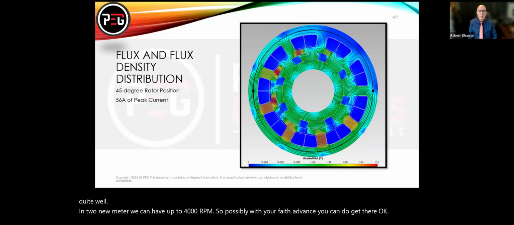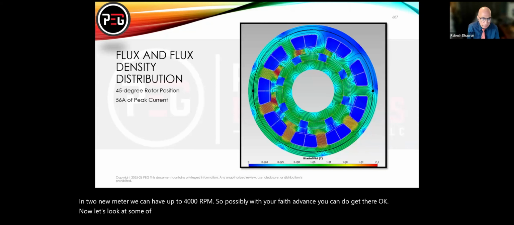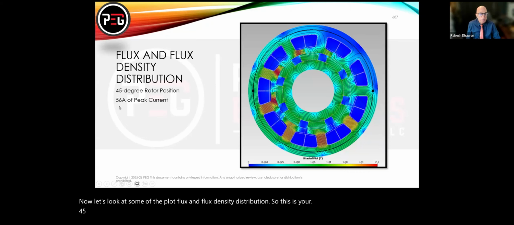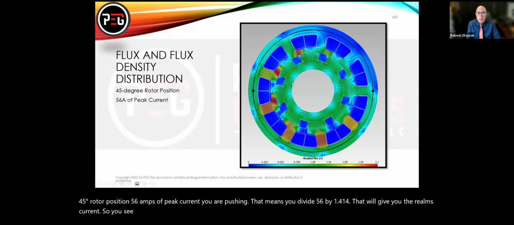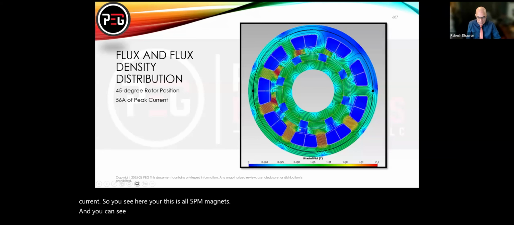Now let's look at some of the plots, flux and flux density distribution. This is the 45-degree rotor position, with 56 amps of peak current. You divide 56 by 1.414 to get the RMS current. This is all SPM magnets, and your flux density is going up to 2.1 Tesla.